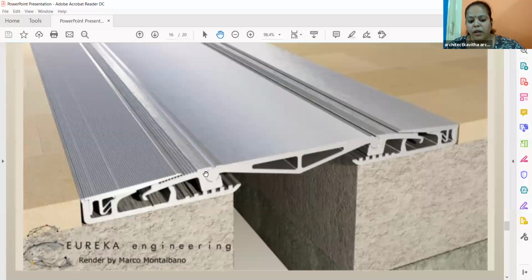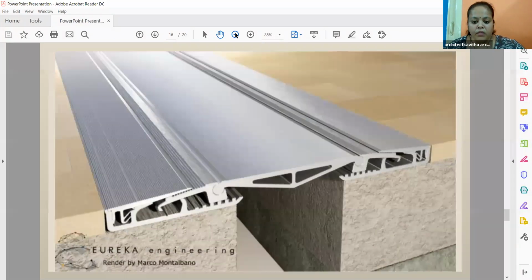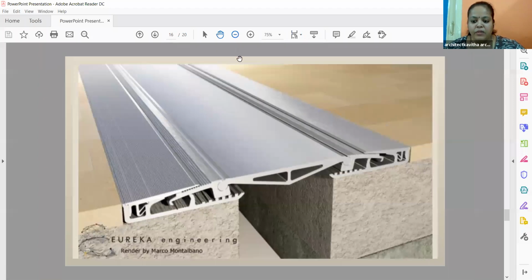There is a gap here, right? So this will allow it to move. The frills are like an interlocking system, a slight interlocking. It won't have a very easy movement, but when there is a slight stress in the building, it can have the movement. So this is another kind of covering, especially helpful for flooring.